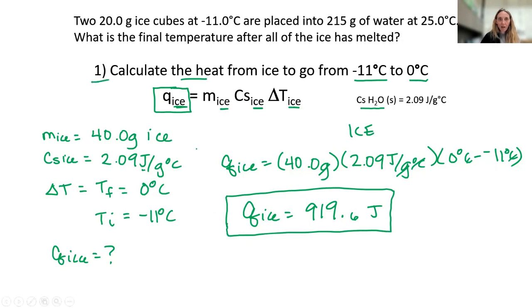So that's our answer for number 1. It's going to take this much heat to melt the ice. Amount of heat to melt the ice. So there's our step 1.